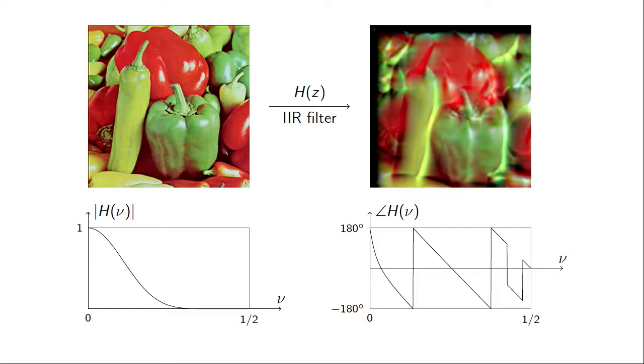And the reason for that is that different frequency components, so low frequencies and higher frequencies, are shifted by unequal amounts, and this is what causes this ghosting effect here. So what we can conclude from this is that if you filter images, having a linear phase so that each frequency component is time delayed or shifted in this case by an equal amount is extremely important.